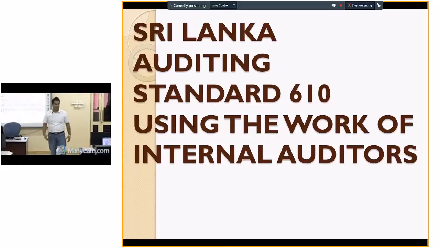Now the concern is, can you use the internal auditor's work, and is it relevant? First, it should be relevant. Is it relevant for us as the external auditors? Yes or no? How is it relevant?